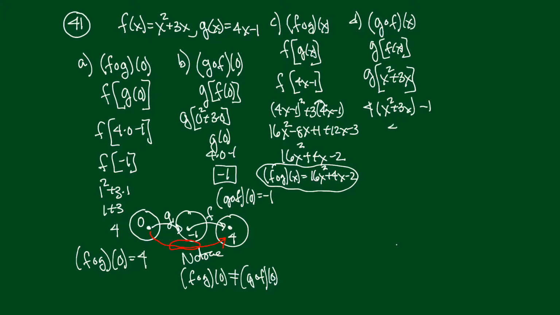Let's multiply through: 4x squared plus 12x minus 1. So now we are saying that g of f, or g circle f of x, is 4x squared plus 12x minus 1.